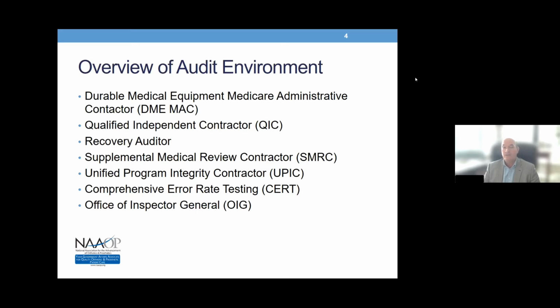Error rate simply is the percentage of claims that is deemed to be unnecessary or non-payable when in fact those claims have been paid. And then finally, the Office of Inspector General. That's a different division under the Department of Health and Human Services than CMS. And they oversee and look at and examine and investigate and ultimately write reports on all types of provider activity involving reimbursement.